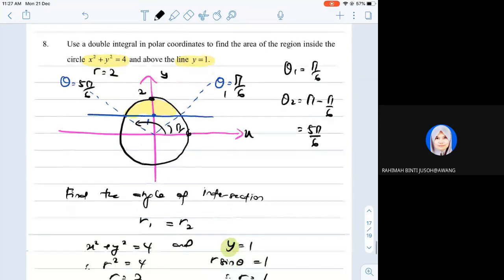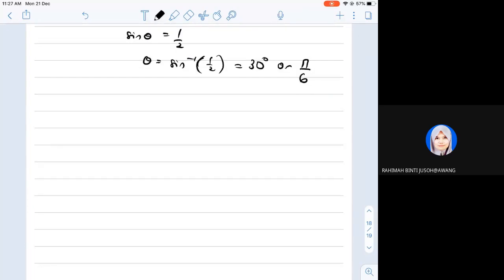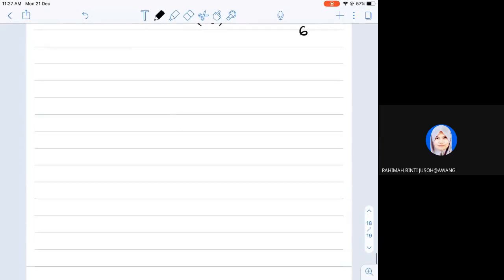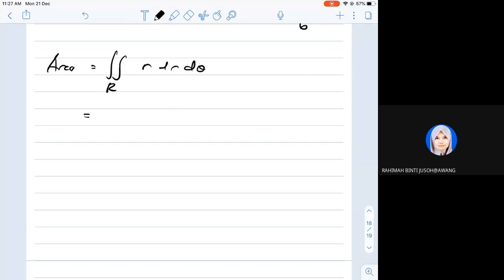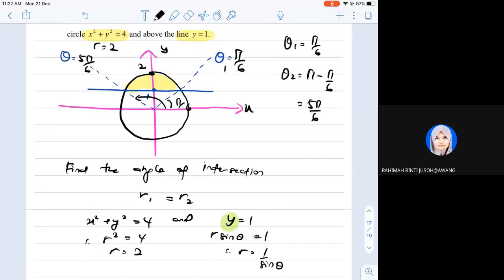Okay, so now let us find the area. The area is the double integral over region R of r dr d theta. That's the formula of area. So we will have r dr d theta. Okay, what's the limit of r now?